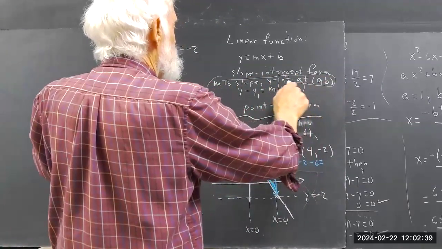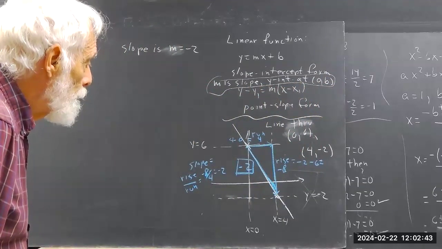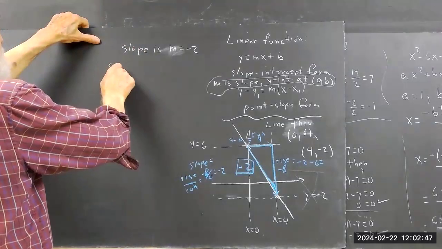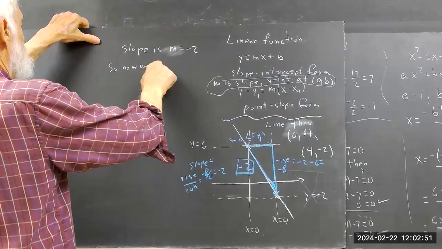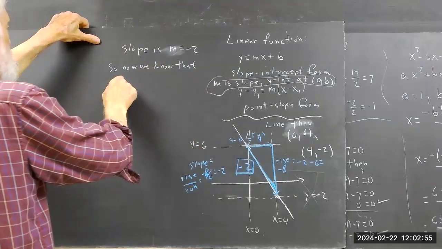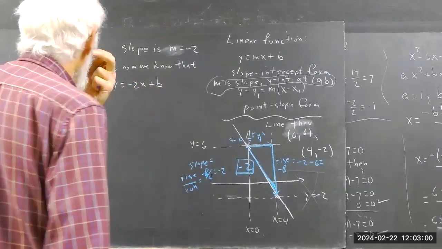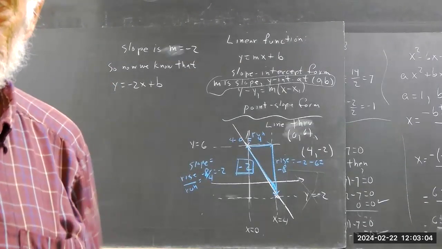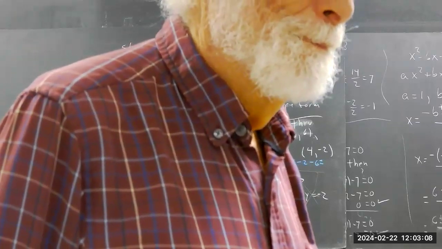The y-intercept is at the point (0, b). All right. So now y equals -2x plus b. So we're on a roll here, aren't we?